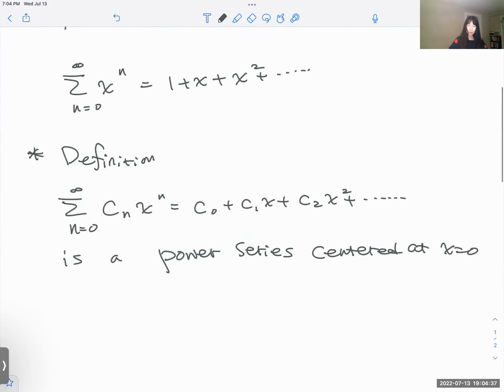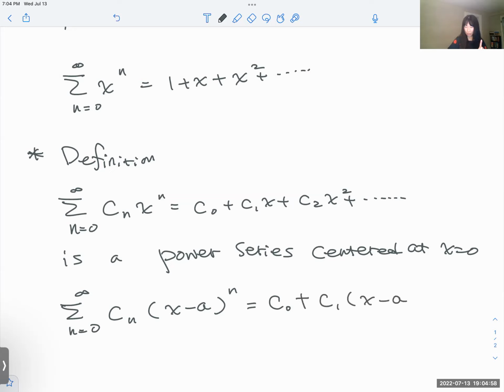Now if we have this form, c sub n times x minus a to the n power: when n equals 0, we have c naught and 1. When n equals 1, c sub 1 times x minus a. When n equals 2, we have c sub 2 times x minus a to the second power, and so on. This one is a power series centered at x equal to a.